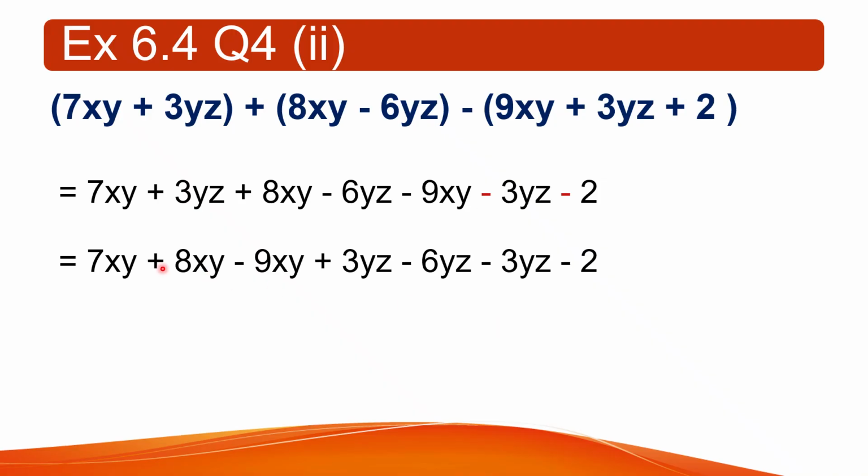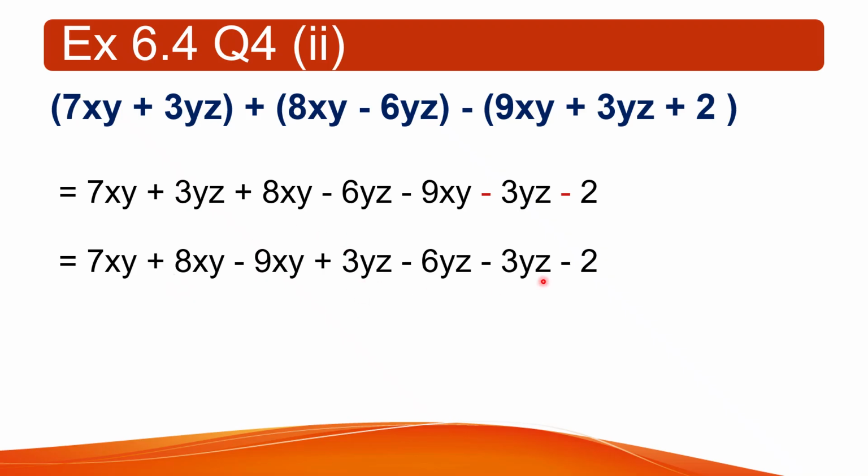As we have two positive signs and one negative sign, we will add them first. 7 plus 8 is 15, then 15 minus 9 is 6. So positive 15 is greater, so we will put the plus sign. The answer will be positive 6xy.